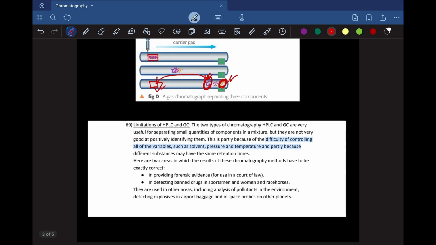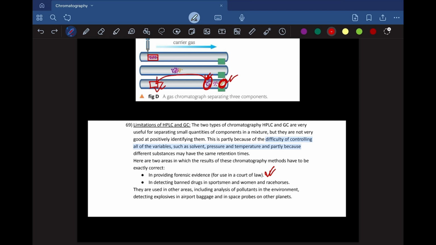Now let's understand the limitations of HPLC and GC. HPLC means high performance liquid chromatography, and GC means gas chromatography. These two techniques are used for forensic evidence. If a court asks us for forensic evidence, we use high performance liquid chromatography and gas chromatography.